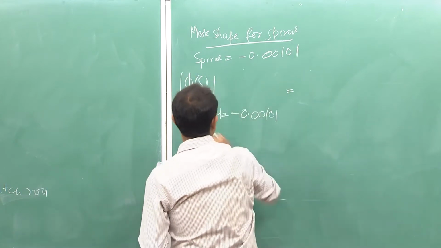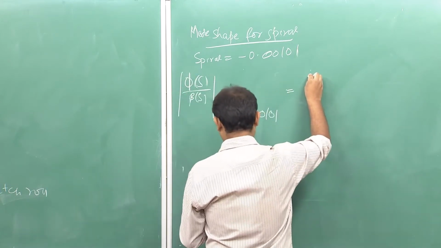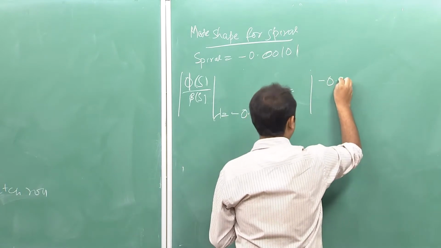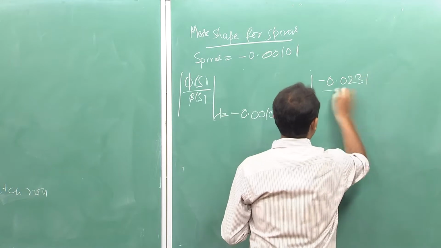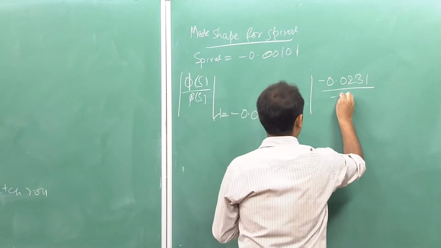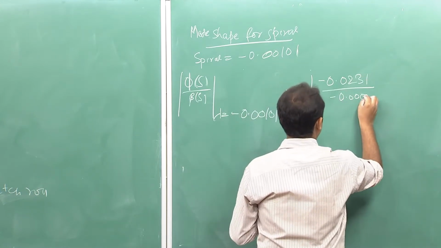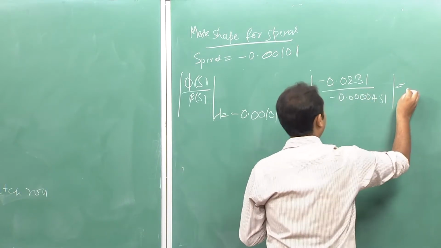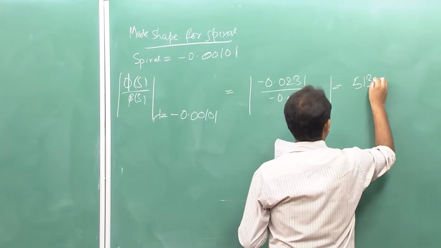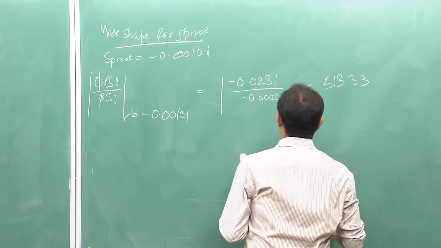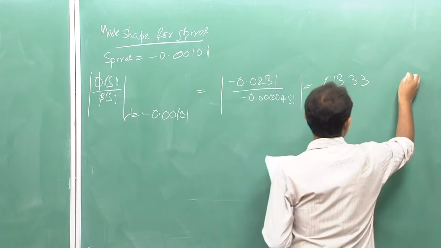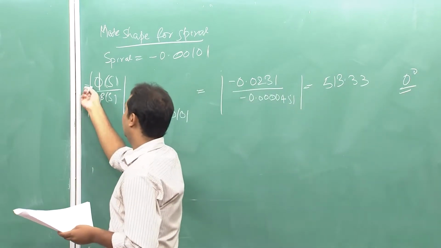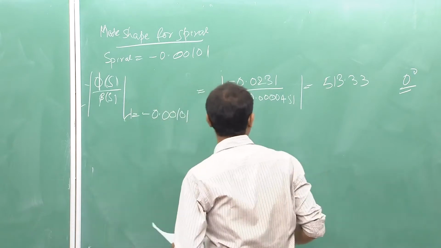Magnitude of this will be minus 0.0231 divided by minus 0.0000451, which will be 513.33, and phase of this will be 0 degree, meaning both phi and beta are in phase.